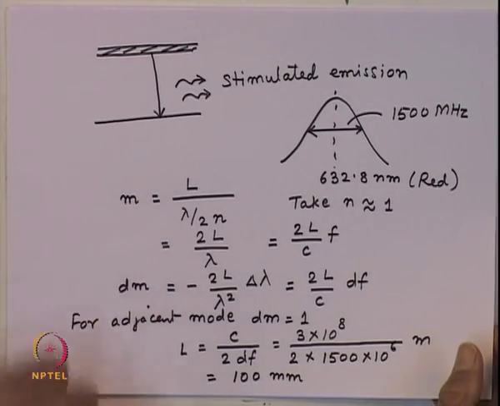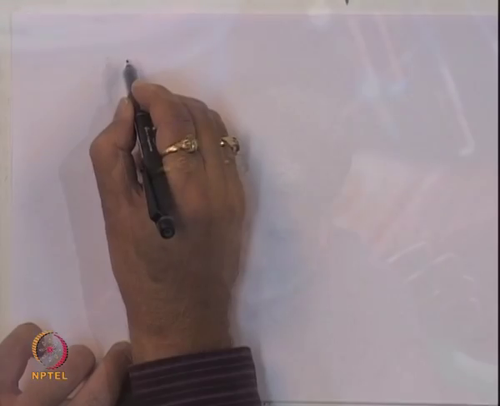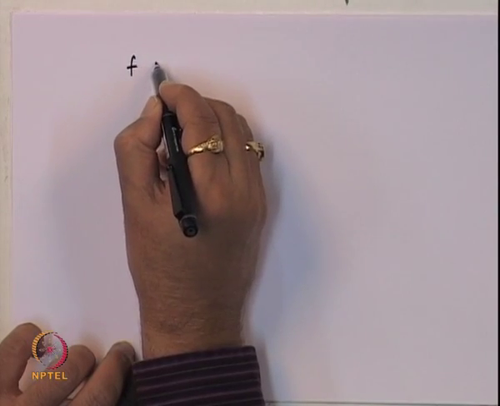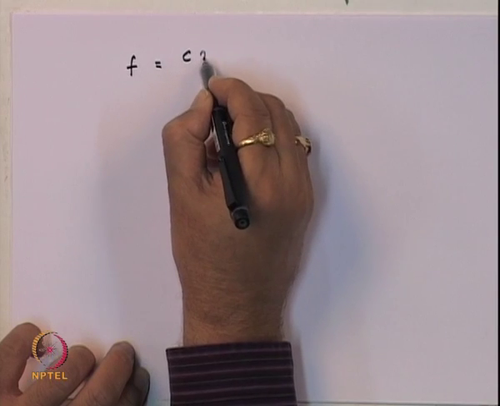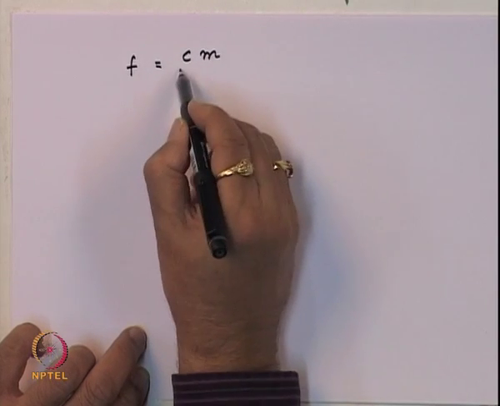So, again we can go back to the same relation to find the stability of the frequency. So, using the same relation here, we can write that the frequency is given as c m divided by 2L.